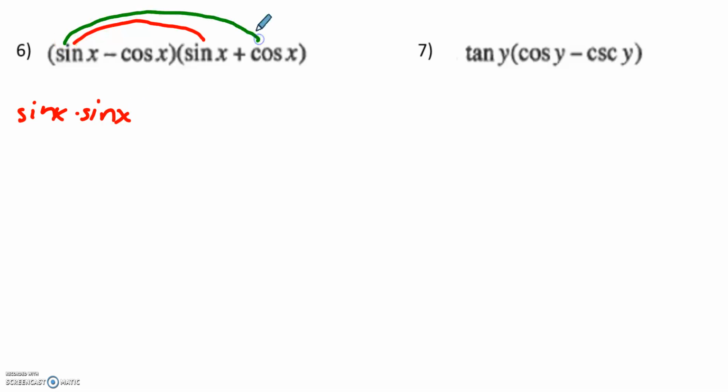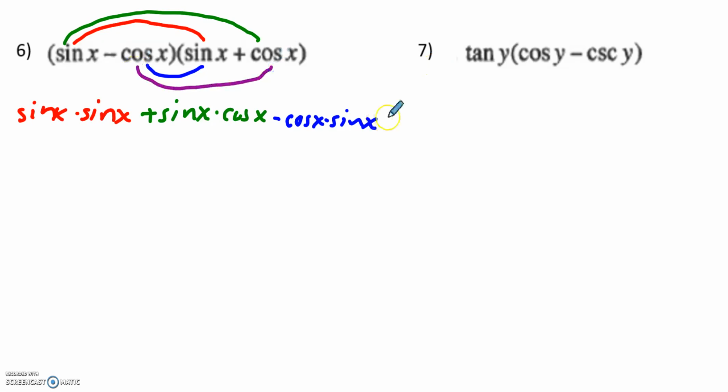Next one we're distributing, plus sine of x times cosine of x. Then distributing the negative cosine, so that's minus cosine x times sine of x. And then I'm going to run into this problem a little bit, but that's okay. Negative cosine x times positive cosine x is negative cosine x times another one.